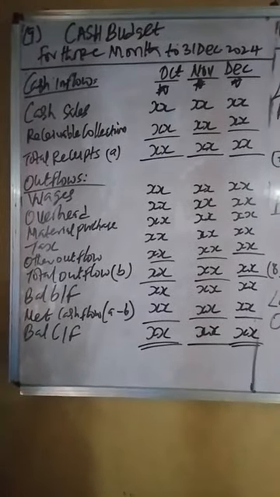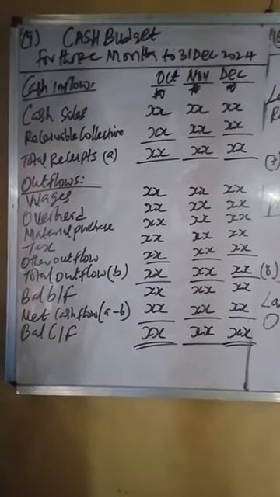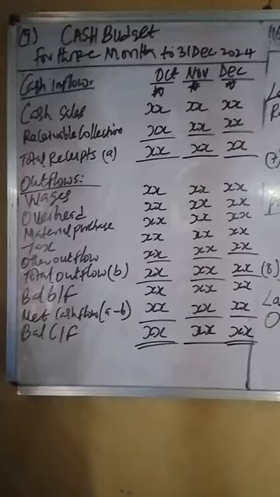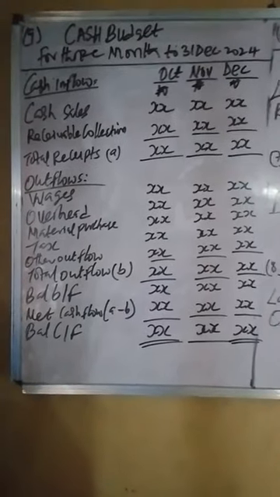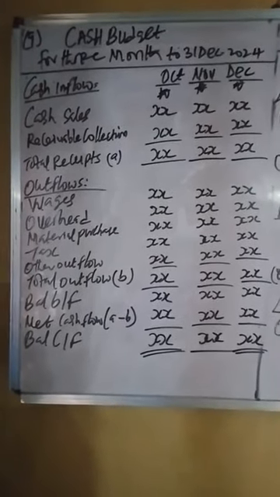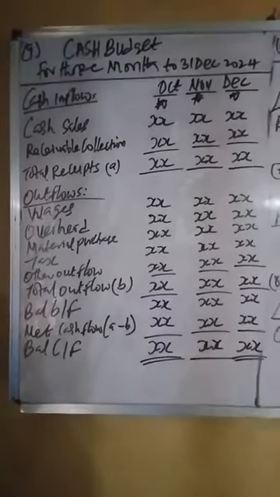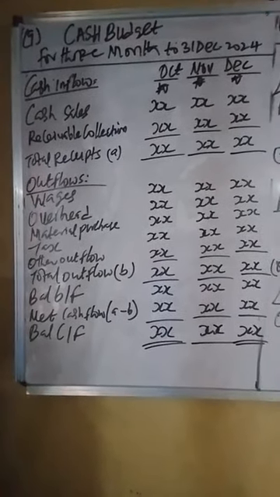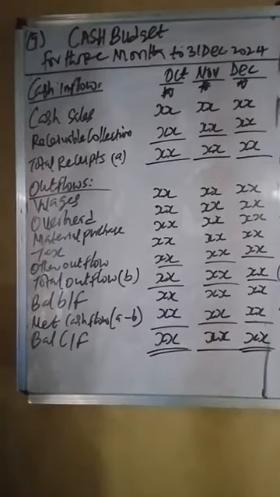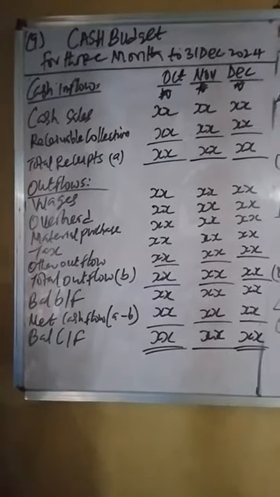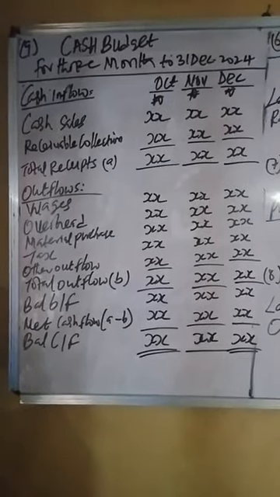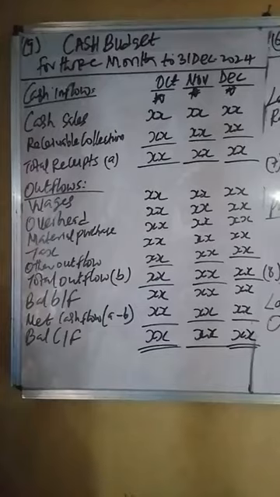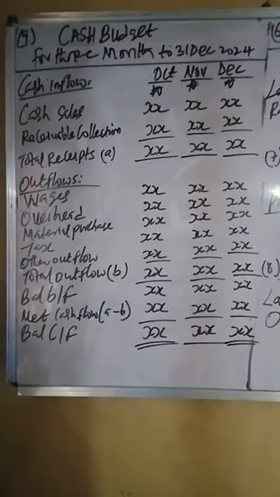Take it to be a total. And then when we're closing, we have balance brought forward from the last period. For example, we are using October, November, December. For October, we bring in our cash from September that was not spent, and then add the net cash flow for October. That is inflow minus outflow.